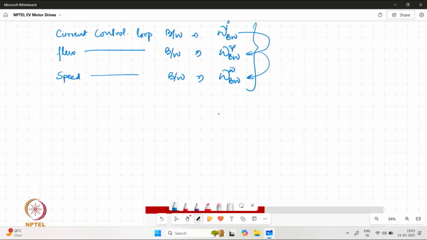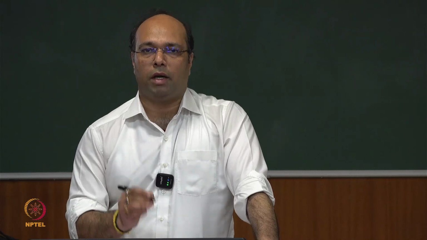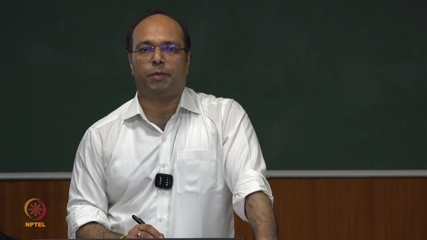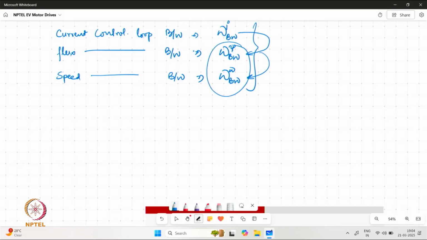It is very well clear that we are going to have a very clear difference between the bandwidth of the current control loop and the flux and speed control loops. However, there is no such clarity existing for the flux control loop bandwidth and the speed control loop bandwidth.